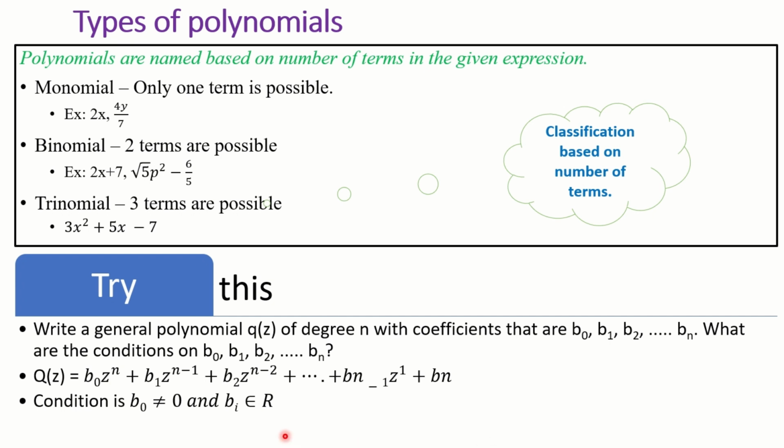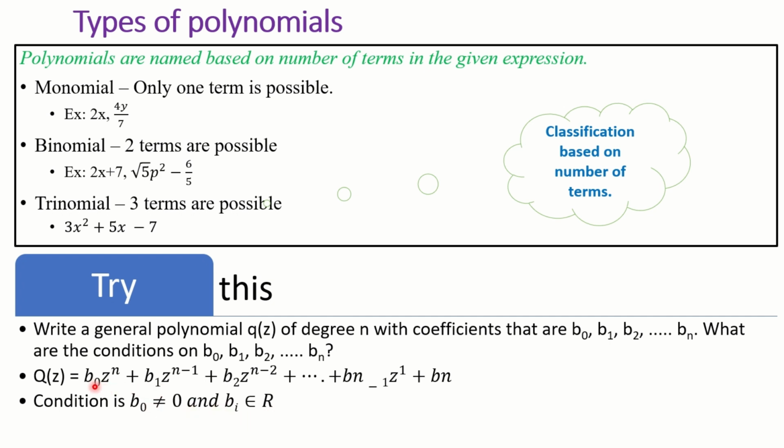So the question here is asking the same thing. What are the conditions on b0 to bn, if q of z is a polynomial like this? So we learnt that b0 should not be 0, that is the main condition, and every bi should be a real number. It cannot be imaginary, no i's, no square root of minus 1.